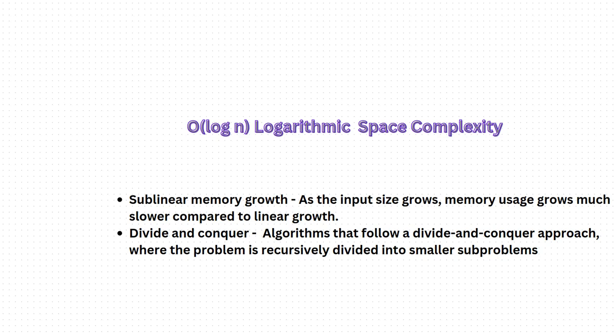If the input size is 10, for the memory allocation, it's going to be half of this, and half of this is going to be 5. So this is what we call sublinear memory growth. And there is also divide and conquer. What divide and conquer is, maybe for example, I have a big problem like this.